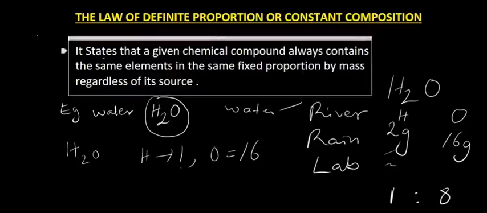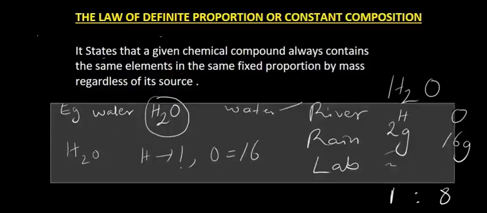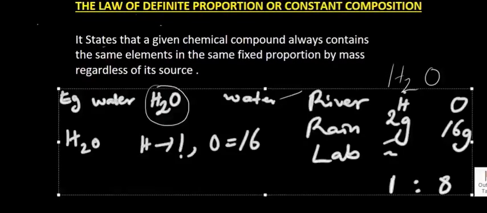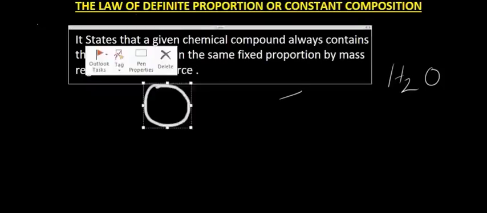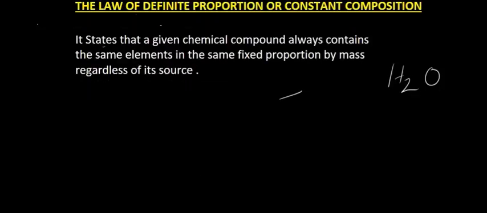Now, look at this again. Let me show you this. Assuming you have hydrogen and oxygen in H2O, for every hydrogen you have 2 grams, and for every oxygen you have 16 grams.